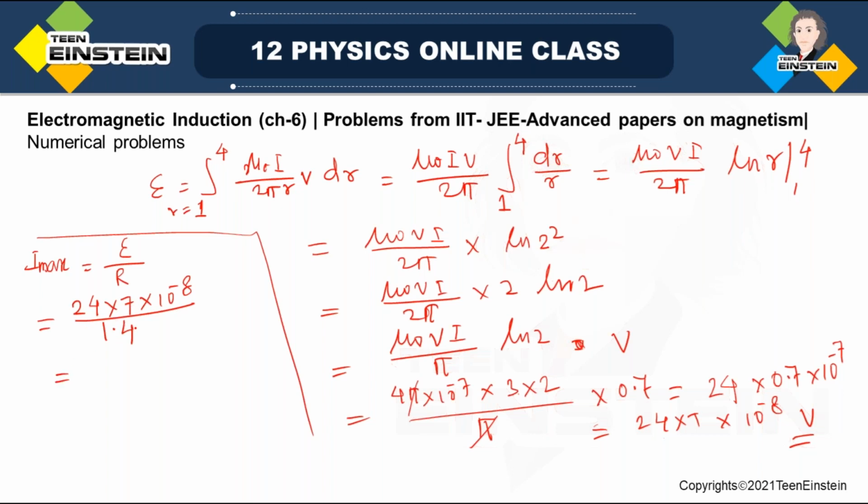So this is 10 to the power minus 1. If this goes here, it will be 10 to the power minus 7. So this will be 2, so 12 into 10 to the power minus 7.